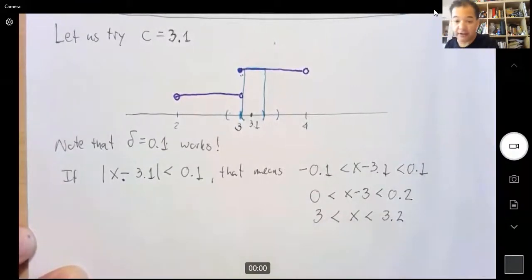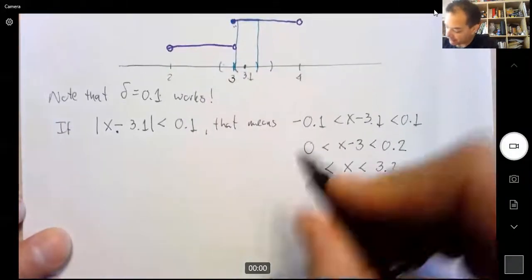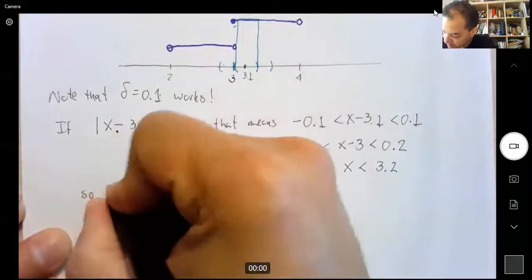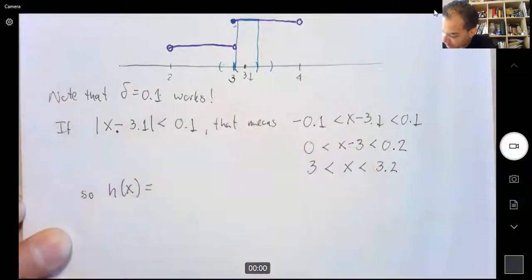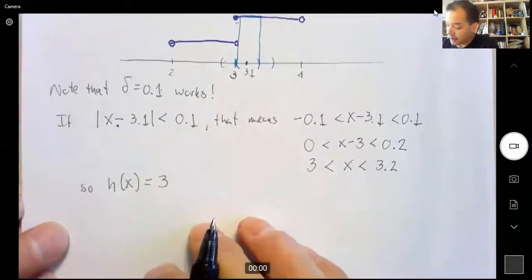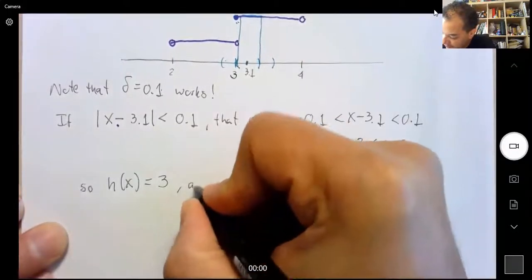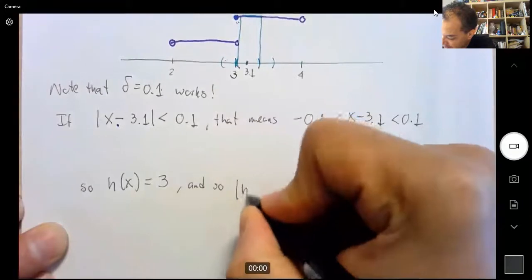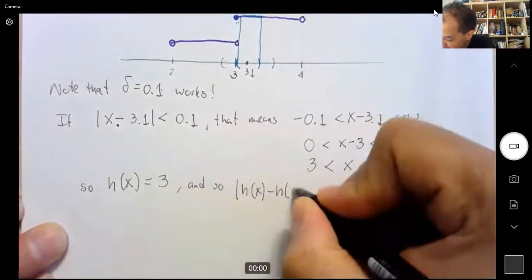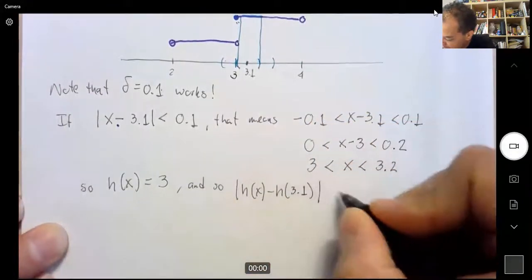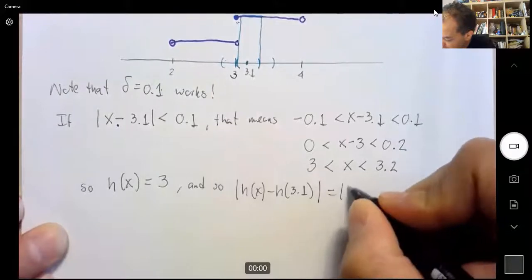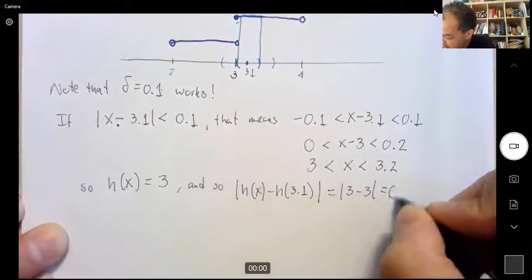So what is h of x? h of x is 3, right? And if h of x is 3, then what is h of x minus h of 3.1? Well, that's going to be 3 minus 3, which is 0.